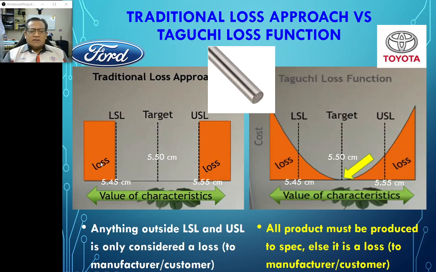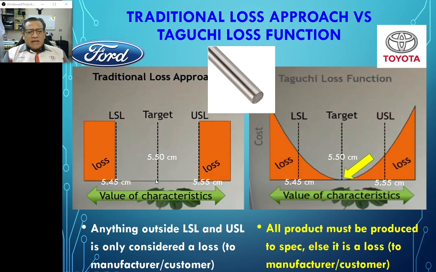You cannot send it to the customer for the assembly. So as long as it is between 5.45 cm and up to 5.55 cm, it is considered a profit for you because it can still be used and sent to the customer. That is the traditional loss approach.